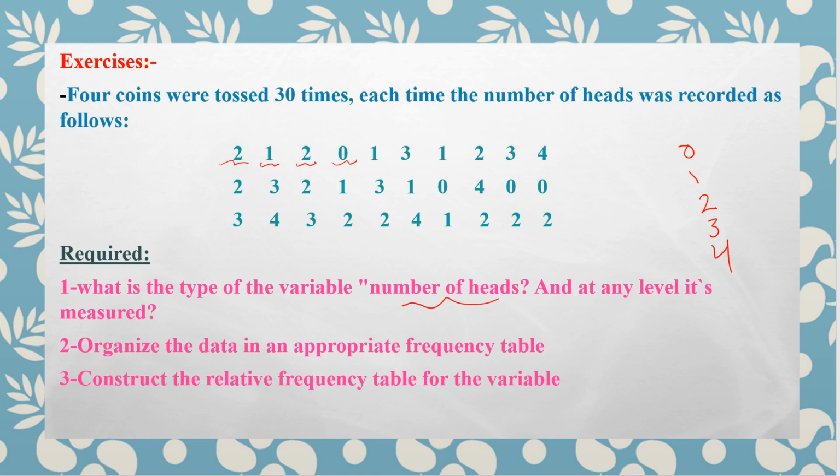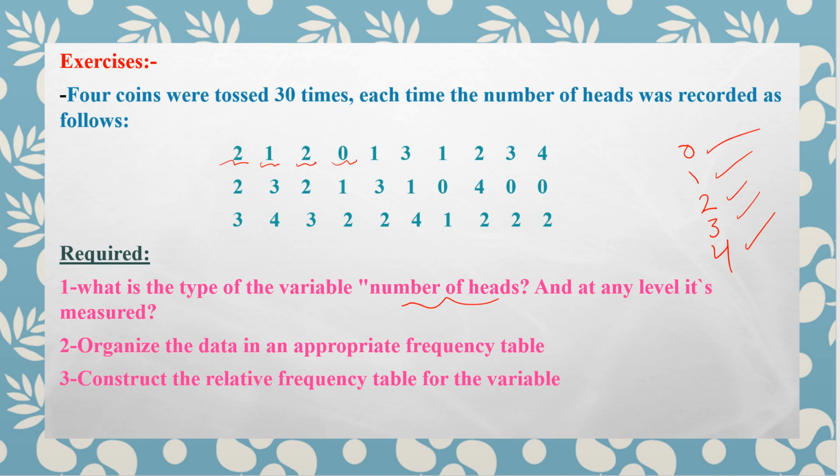You may get 0 heads, or 1 head from the 4 coins, or 2, 3, or 4 heads. These are integer numbers, so the variable number of heads is a quantitative discrete variable. And 0 means the absence of heads, so this variable is measured at the ratio level of measurement.